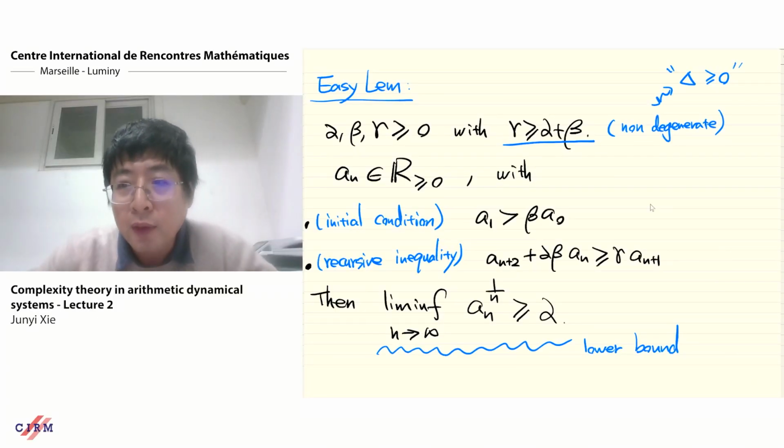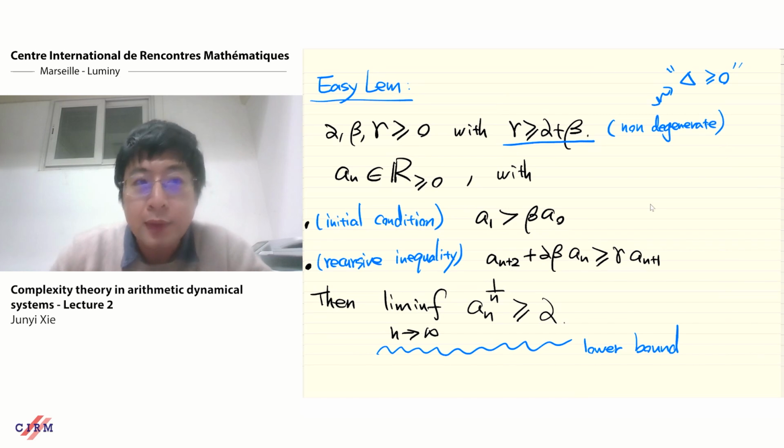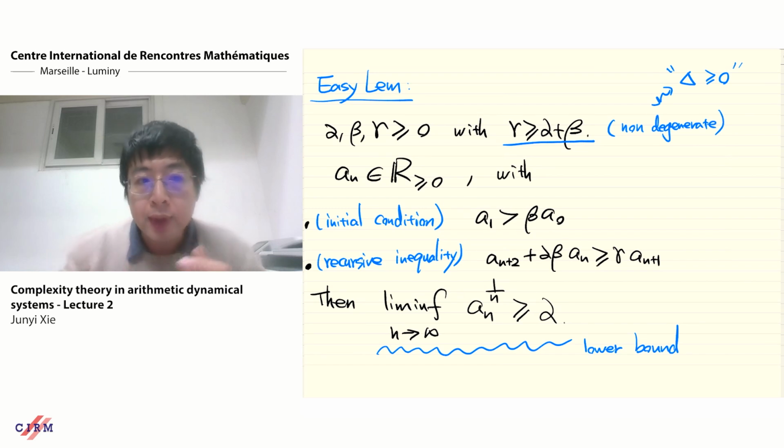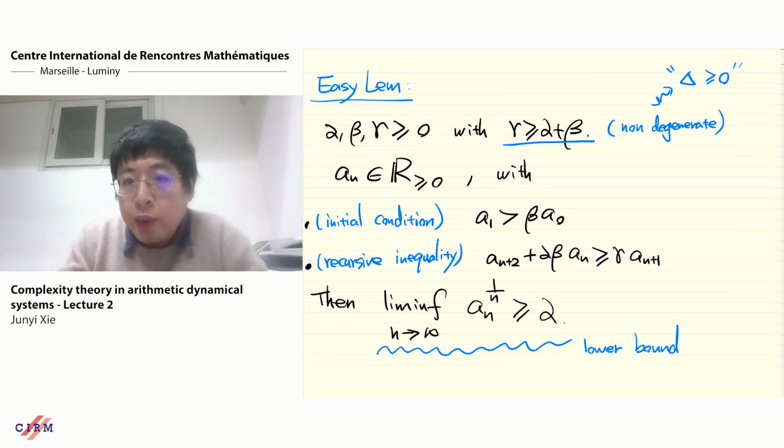Okay, so in the afternoon, we end off this easy lemma. Maybe we just recall the statement of it. It says that we have three conditions. The first is the non-degeneracy condition, so gamma is larger than or equal to alpha plus beta.